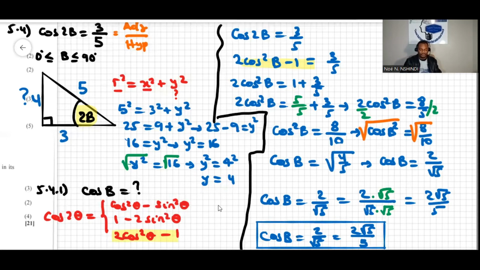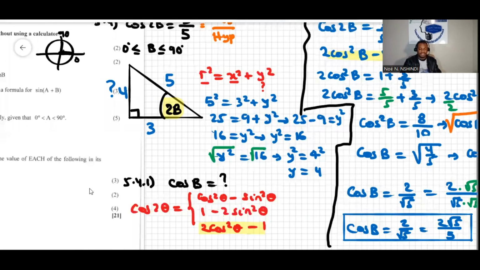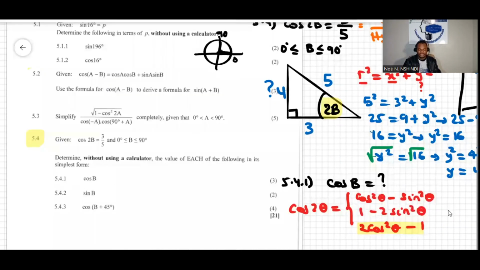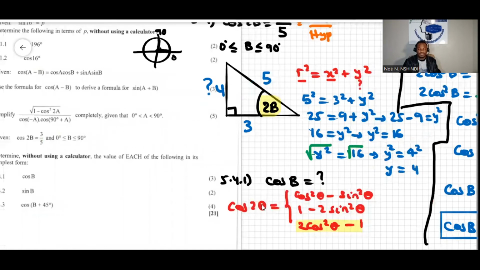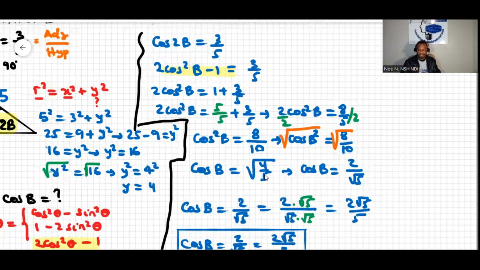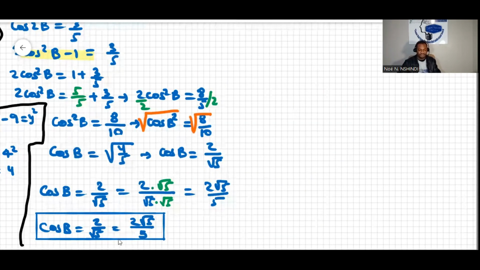Then the following question says what? Sin b then, right? Using the same property, because cos 2 theta is also equal to 1 minus 2 sin squared theta. So we can just use the same property. Let me split my board this way. 5.4.2 will then be, over here, I'm going to use that formula.